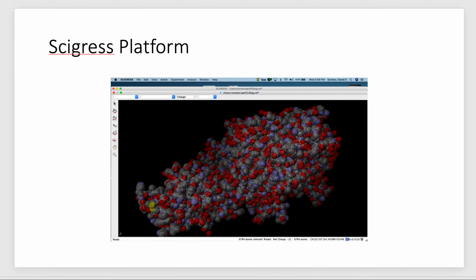Okay, so what I did was I downloaded that PDB file from the Protein Data Bank, and I imported it into the Cygress molecular modeling program platform, which I use in my modeling work. I've published papers in the past where I've done some molecular modeling, aldose reductase, and some other things.